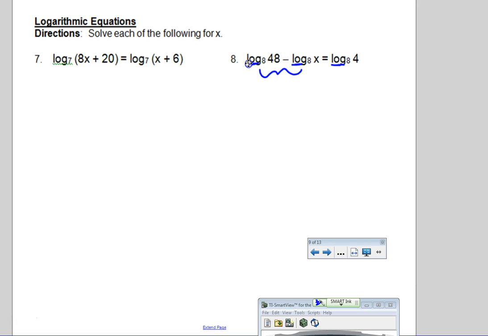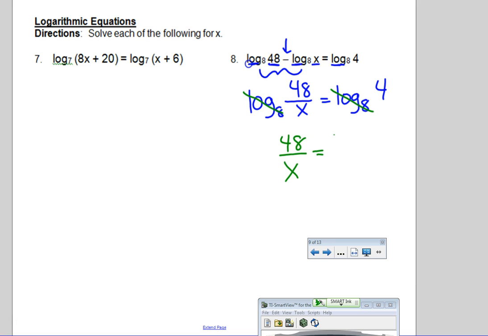So on the left side here, I have a subtract, which means I can put it together with division. Okay, first term goes on top, second goes on bottom. Once I get the log bases to both be the same and one of them, now I can go, okay, these log base 8s can drop, and I can just solve the resulting equation.